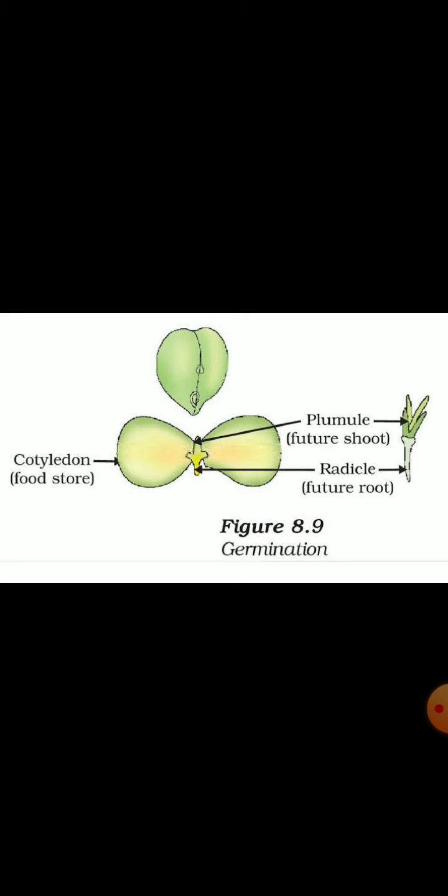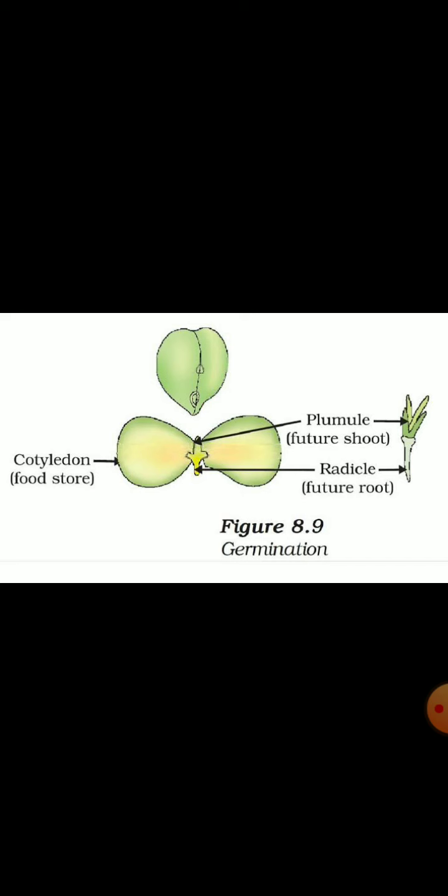Now, as you can see, we have soaked the seeds of chana. When you keep them wet for some days and then cut the seed and observe, you will see a seedling, a short young plant which will grow into the plant.